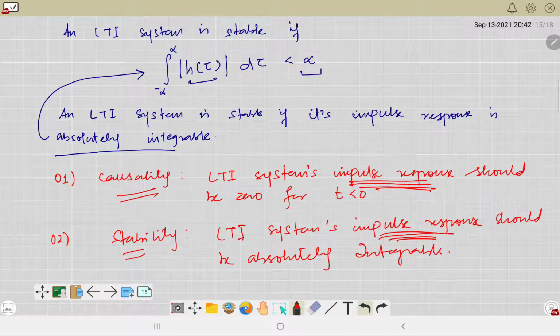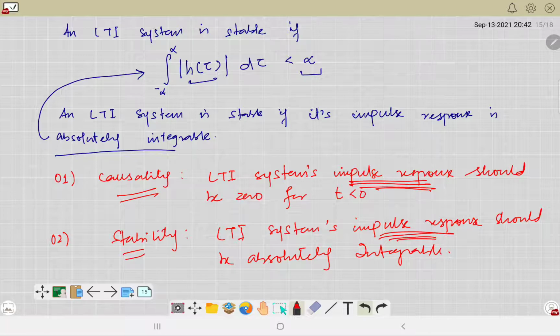So suppose you have a system and you are asked to determine whether this system will be stable or not. All you have to do is find its impulse response. If it is absolutely integrable, it will be stable. Similarly, if you need to know whether your system, an LTI system for that matter, it has to be an LTI system, is causal or not, again you will go for the impulse response.